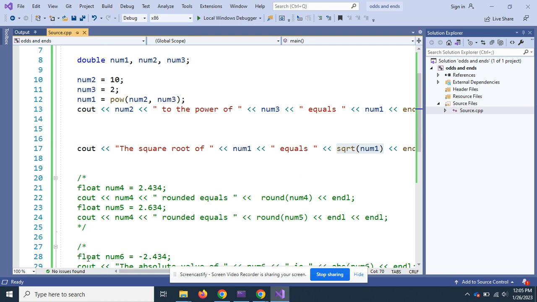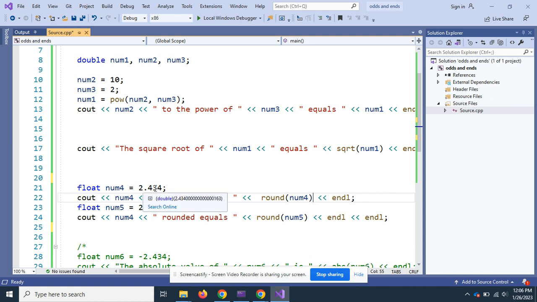All right. There are rounding functions inside of C++, inside of the math header file. If you use the code round and put your variable, as long as it's a double or a float, something beyond the decimal point, and you format it correctly, it's going to round to the nearest whole number.